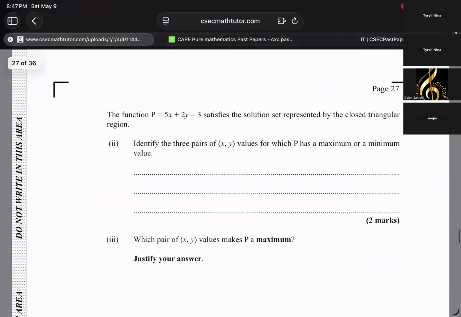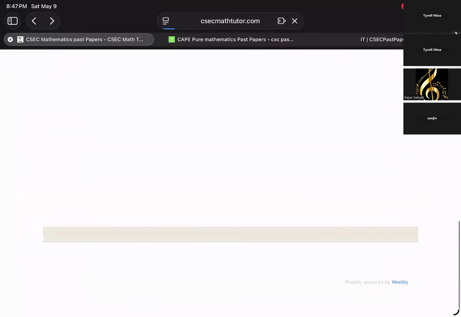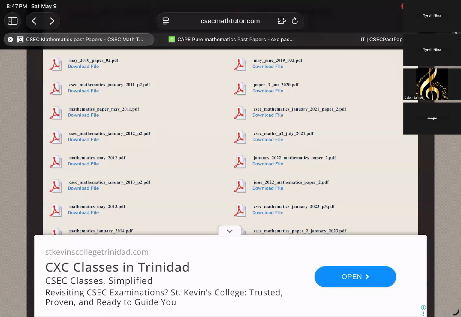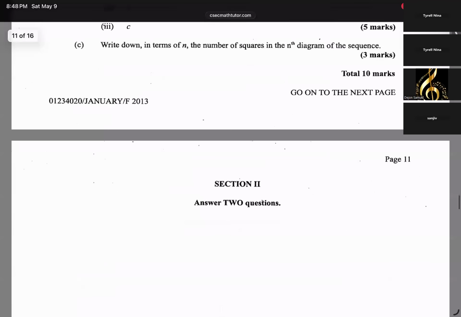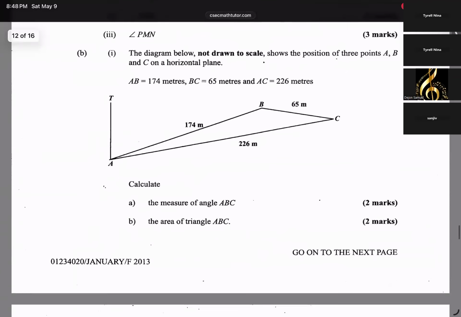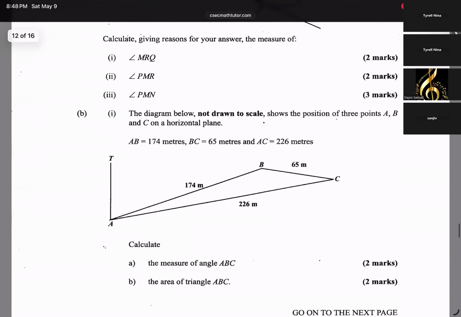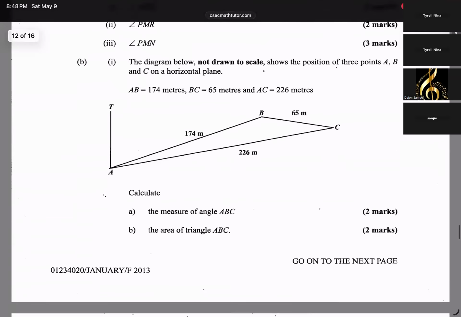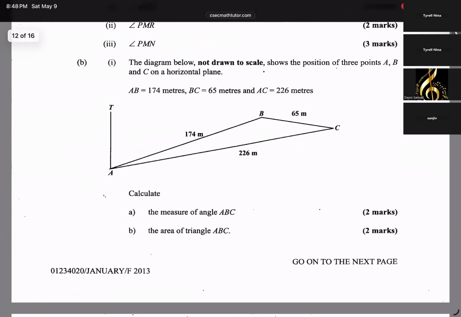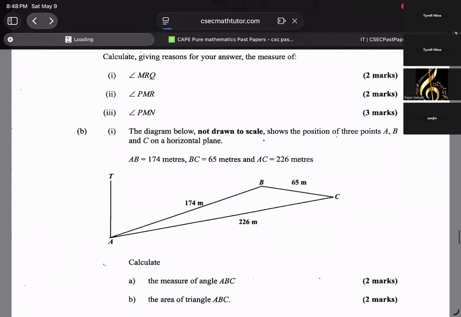Notice for January, they didn't bring a bearing question. So I have a feeling that for your exam, they'll bring it. The fact that they didn't bring it is very, very strange.